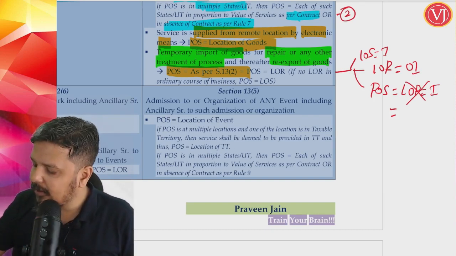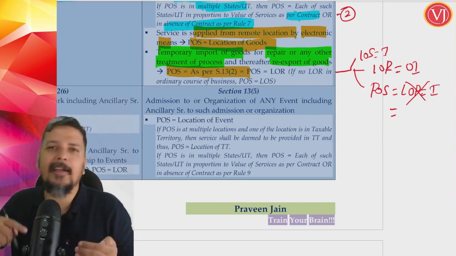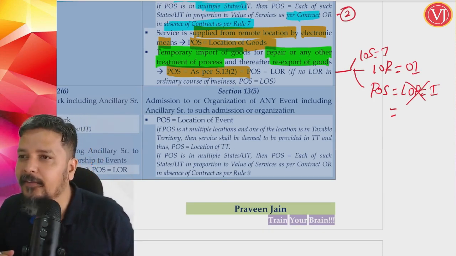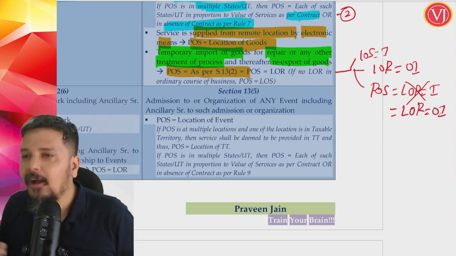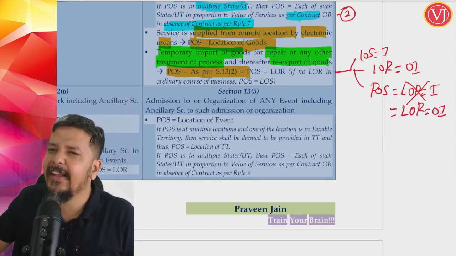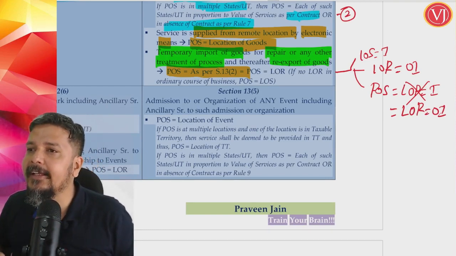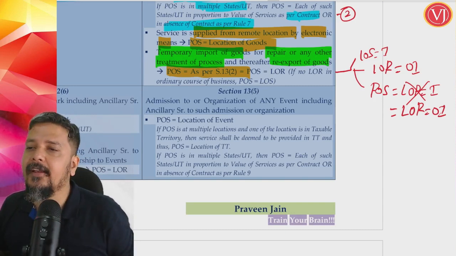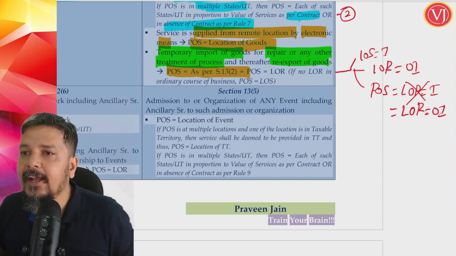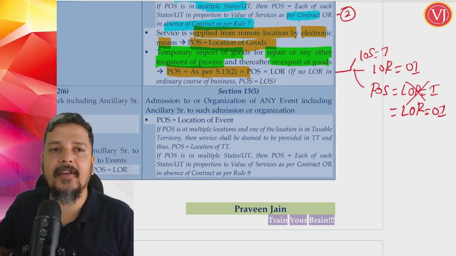Location of recipient. Don't you think that when I import, work and re-export, I know the location of recipient? Right? If it is location of recipient, which is outside India, now there is a very high probability that it will be treated as export of services. All that I need to satisfy is get foreign currency. It will qualify as export.